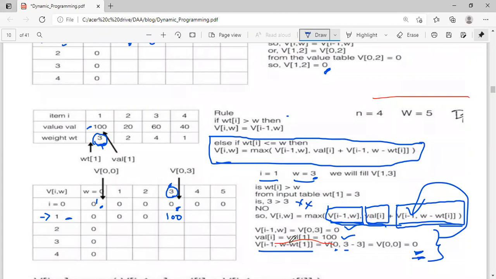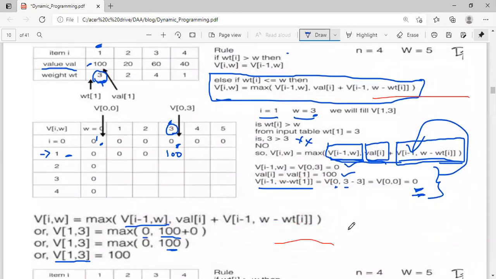Value of I: item 1, what is the value of 1? It is 3. Value means profit. What is our profit? 100. In the 100 we wrote it here.